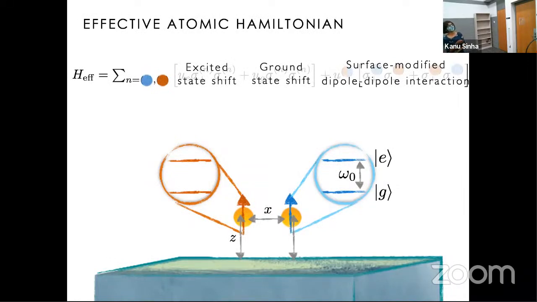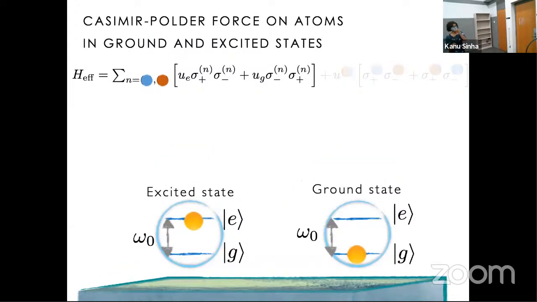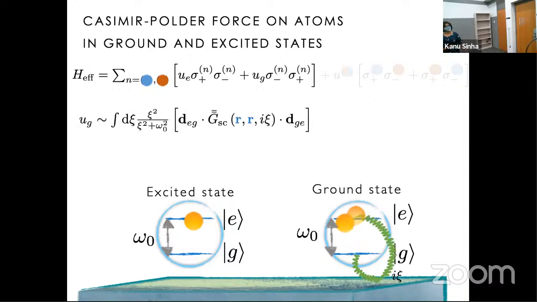So here we can see that the 2-atom system has these different contributions, where we see that there's an excited state shift and a ground state shift to each of the atoms, of course. And we can understand these shifts as coming from processes like these, where, for example, the ground state shift arises from a process where the atom goes from the ground to the excited state, emitting and reabsorbing a virtual photon.